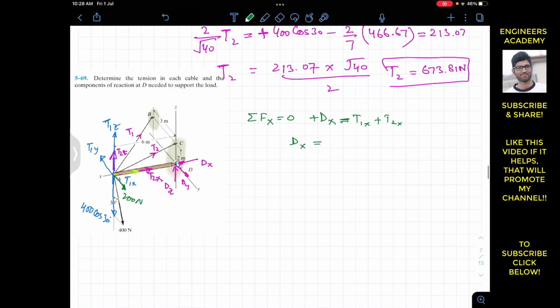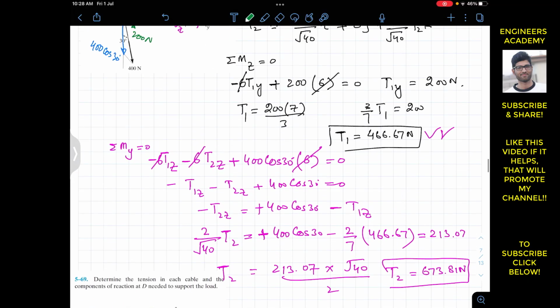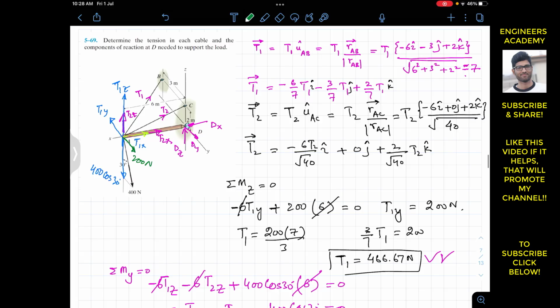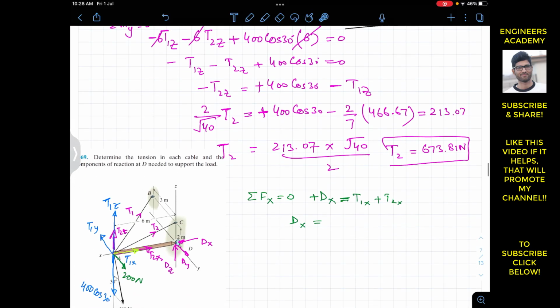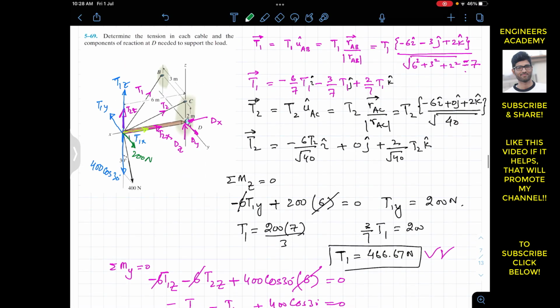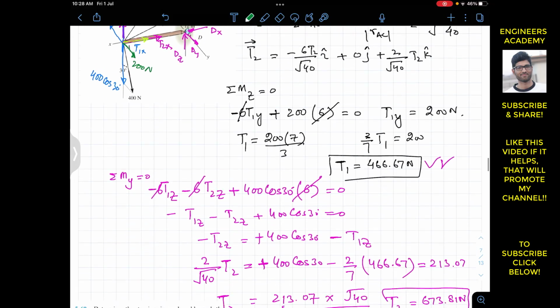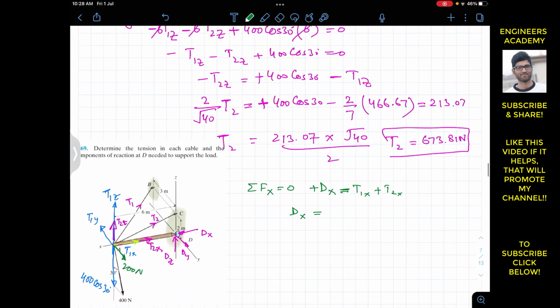Now t1x in terms of t1 is 6 divided by 7 t1. We only need to consider the magnitudes, since we have considered the directions already while applying the summation of forces along x. So dx is equal to 6 divided by 7 t1.